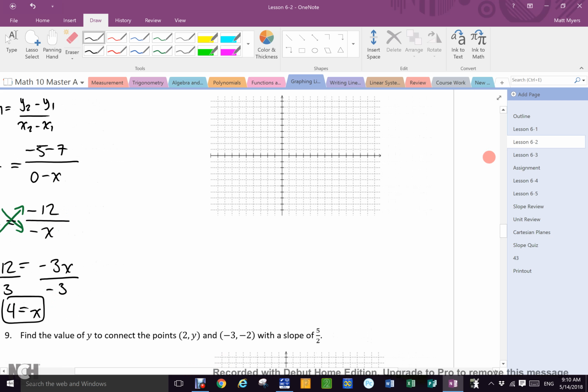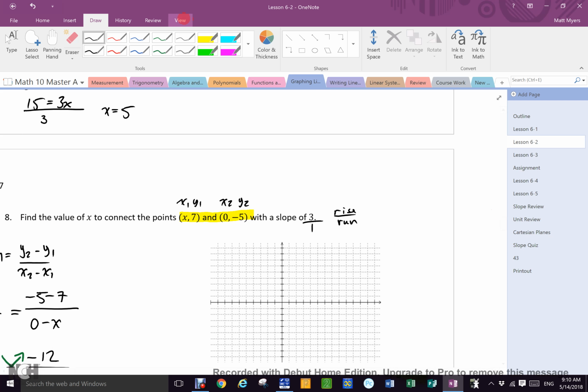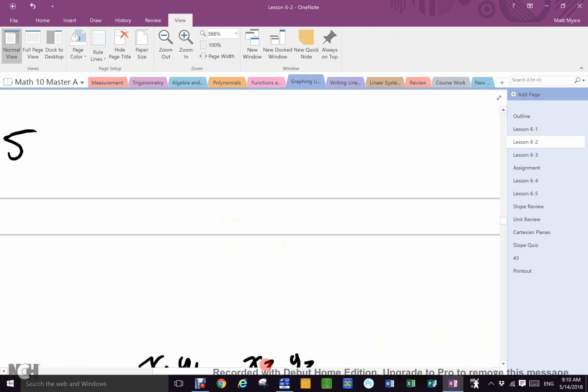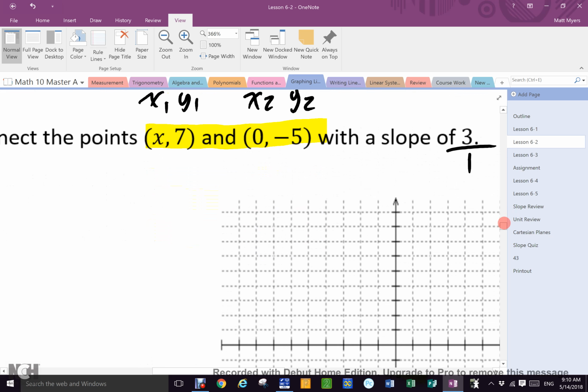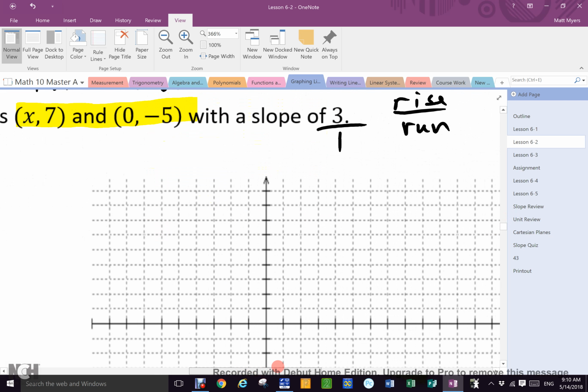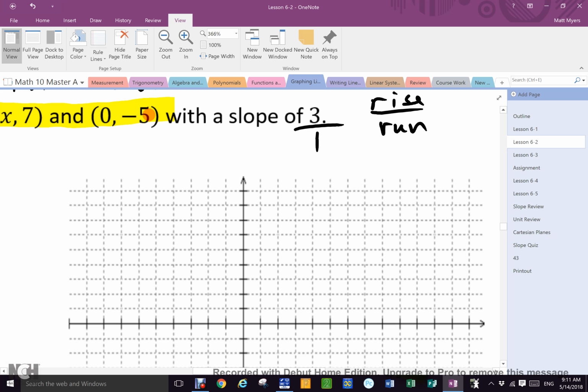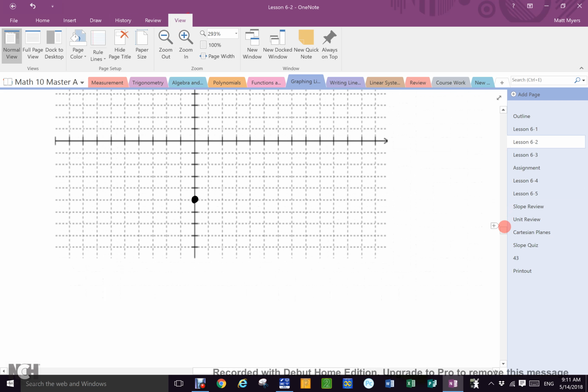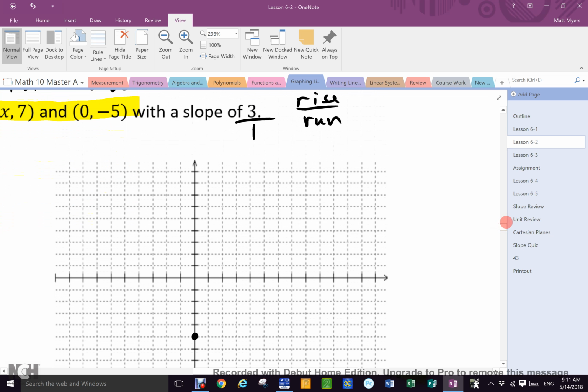Now, let's prove it on the graph. Do I know some points on this graph? I know 0 and negative 5. Right?